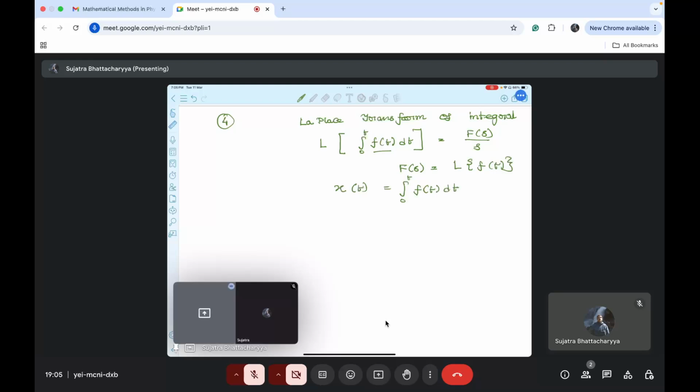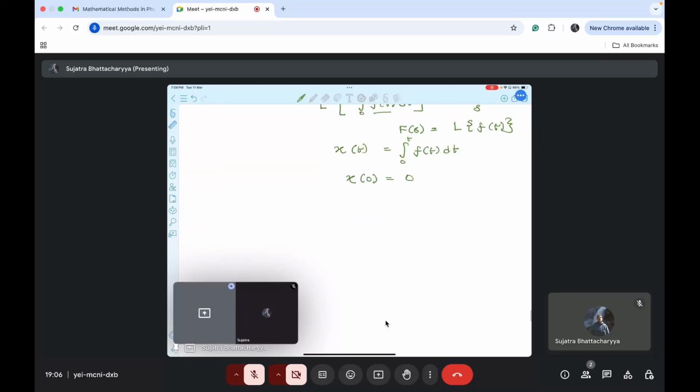Now chi of 0 is 0. So chi dash t is nothing but f of t. Now we know that the Laplace transform of chi dash t is s times the Laplace transform of chi t.